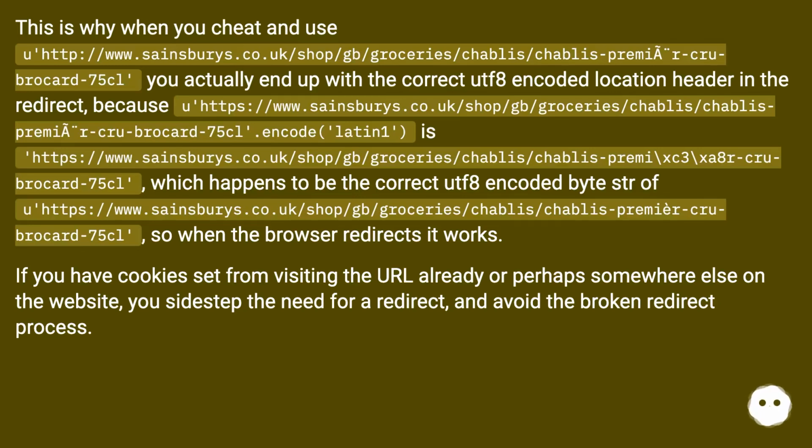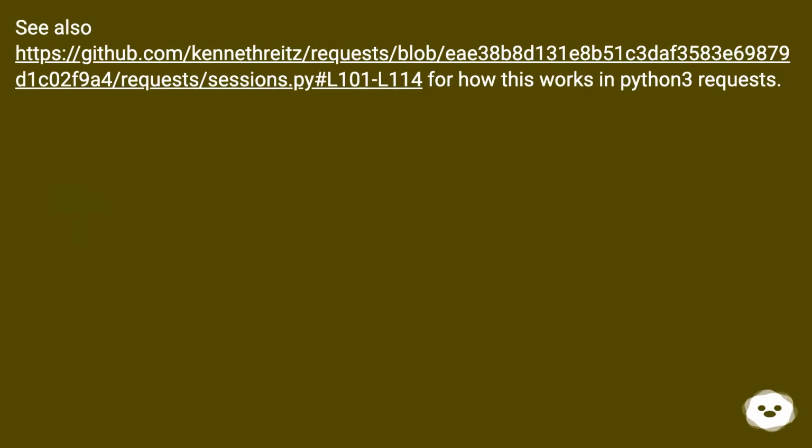So when the browser redirects, it works. If you have cookies set from visiting the URL already or perhaps somewhere else on the website, you sidestep the need for a redirect and avoid the broken redirect process. See also this URL for how this works in Python 3 requests.